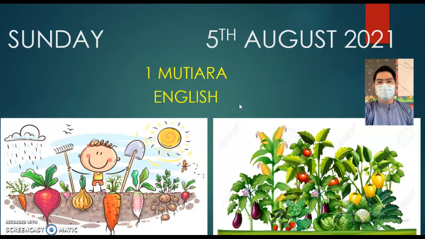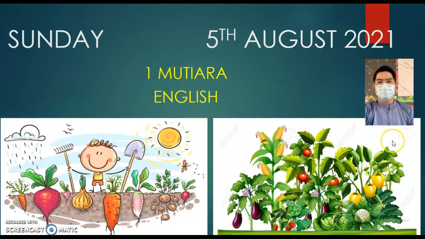Okay, selamat datang ke kelas bahasa Inggeris and I hope you are ready to learn. Okay, so today we are still learning about vegetables. Kita masih belajar tentang sayuran. Okay, look at this. We have many kinds of vegetables here and here also.